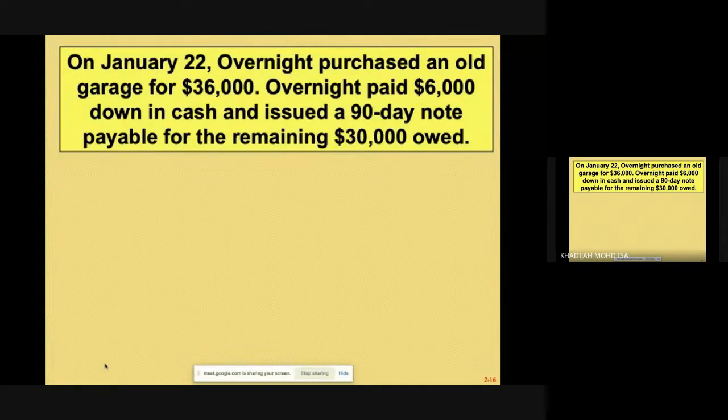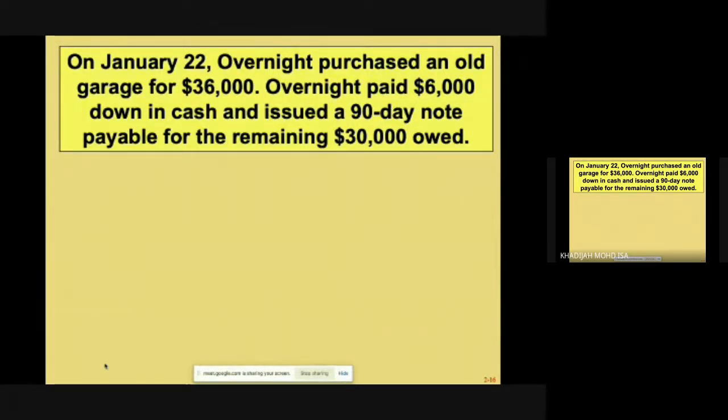In order to pay that 30,000 in the future, you sign a note payable. Again, a note payable is a contract between, in this case, Overnight and the seller of the garage. So now you have a note payable amounting to 30,000. You purchase an old garage, so now you have a building.